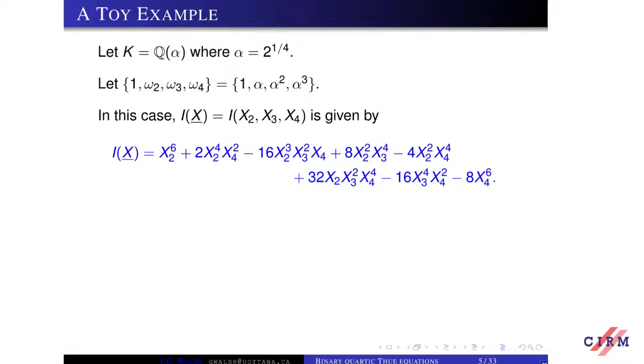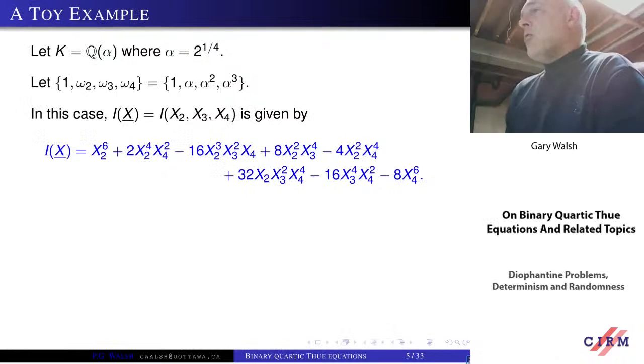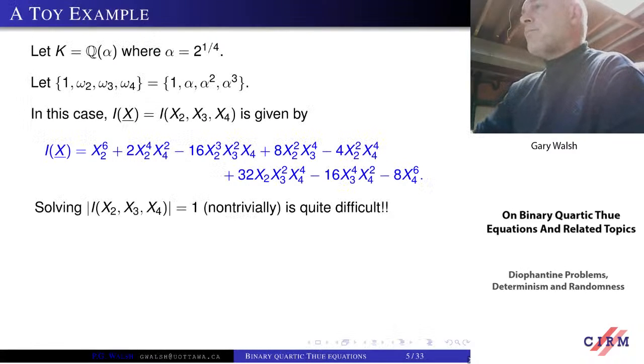So a priori, in advance of knowing anything, if we need to compute a power integral basis of this simple quartic field, then we would need to solve this polynomial equal to plus or minus 1. Now, solving a degree 6 polynomial equation in 3 variables like that sounds like a pretty difficult problem.